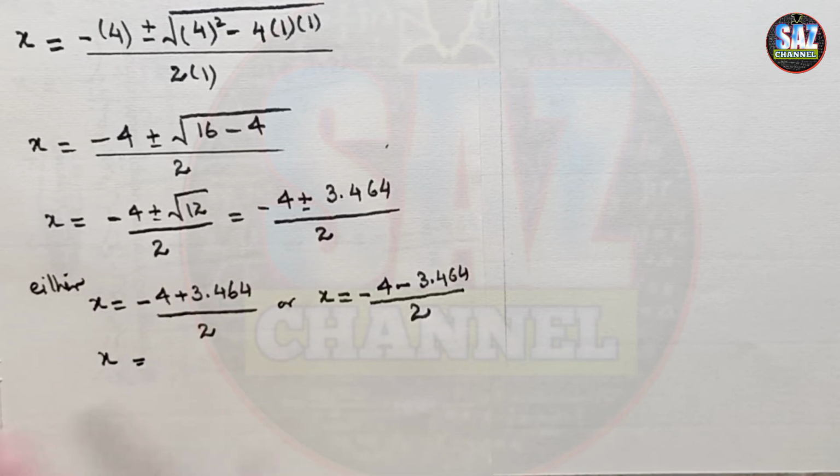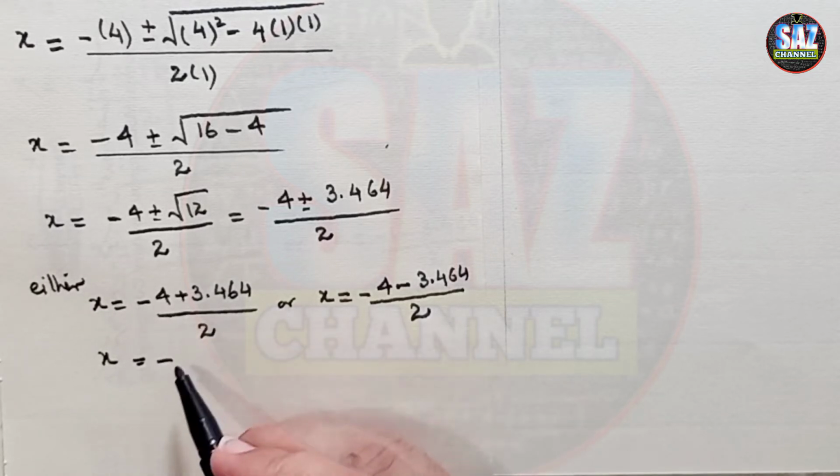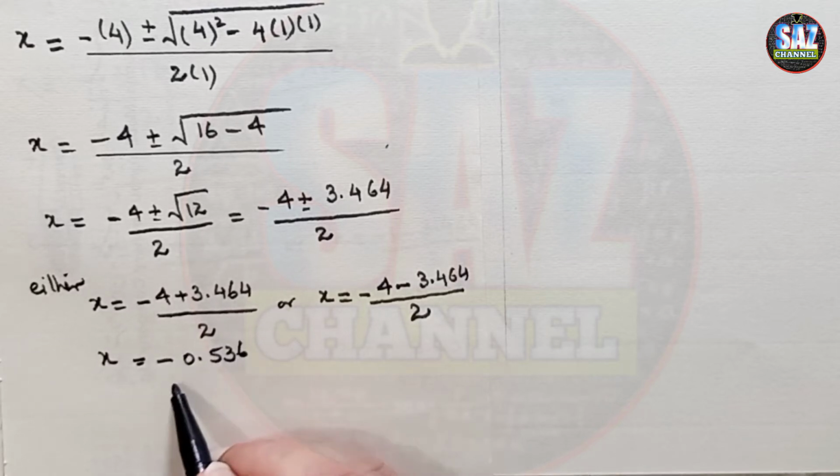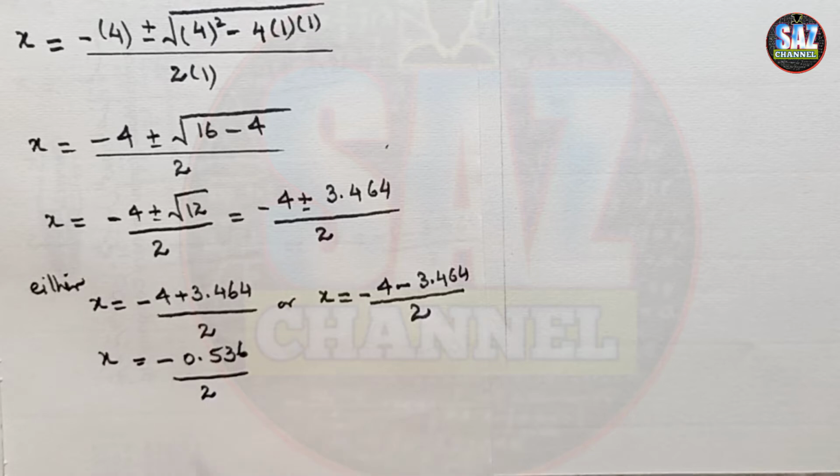Then take away 3.464 from 4, minus 4 plus 3.464, and this gives me minus, because 4 is bigger and it has a negative sign, 0.536 by 2, and when I divide it by 2, my answer comes minus 0.268.